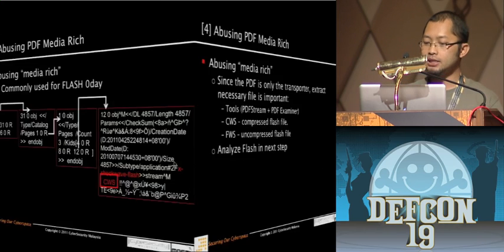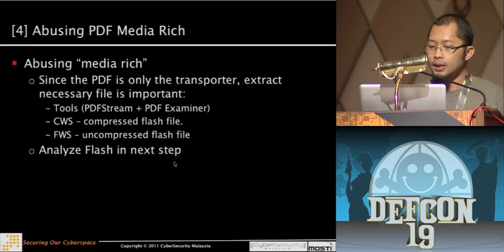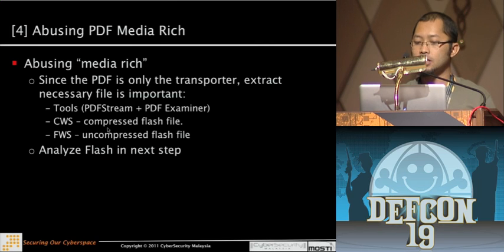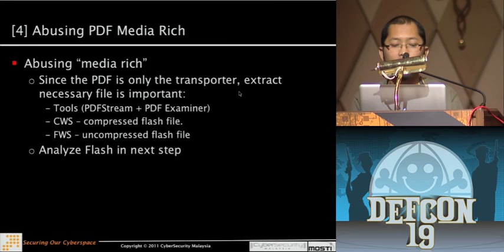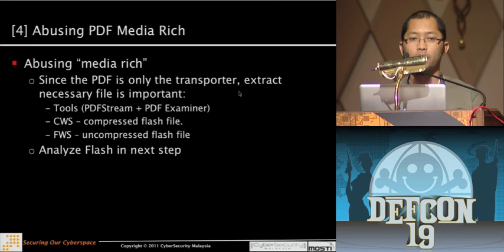If you see, SWF starting with CWS is basically a compressed file, and another one called FWS is an uncompressed file. The PDF is pretty much just the main transporter for this one. You need to extract the Flash file to check what the exploit is, what kind of shellcode is inside it.